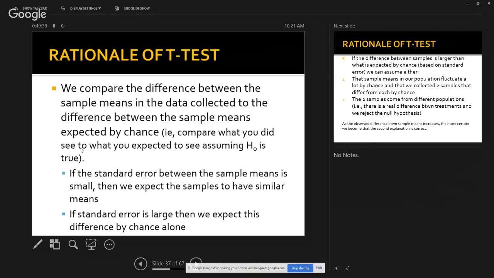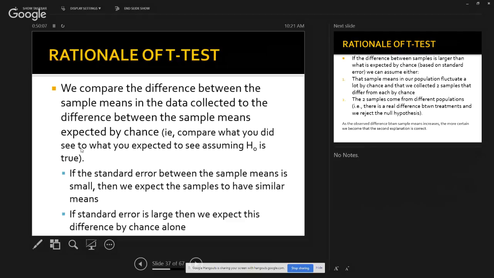So we have to compare the differences between our sample means that's collected and what we would expect by chance. So you compare what you did see to what you expected to see if your null hypothesis is true. So again, if the standard error between sample means is small, we expect those samples to have similar means.